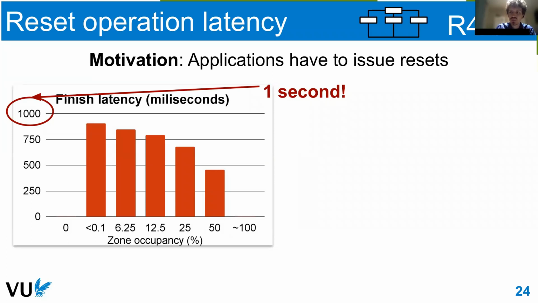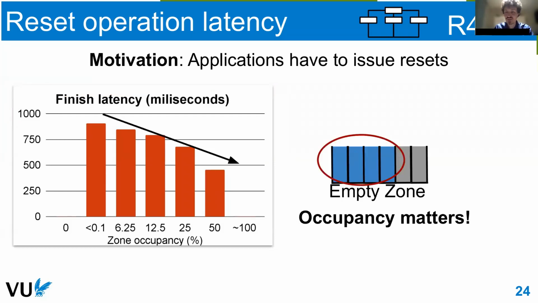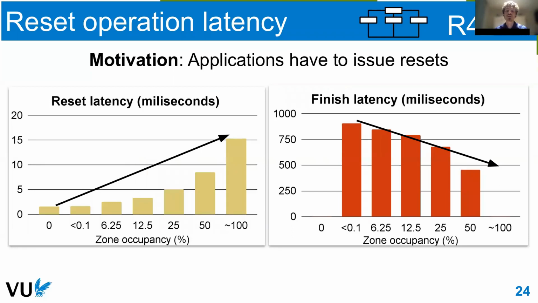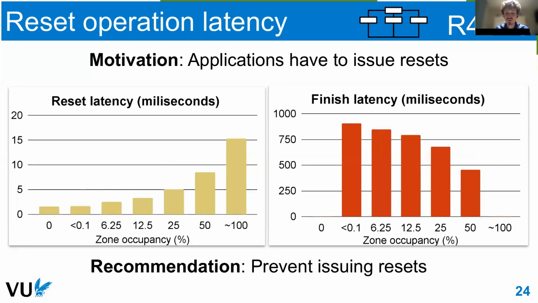What we're seeing is the write bandwidth to write 2 gigabytes, which takes almost a second. Really interesting. And hence its performance also depends on occupancy. But the inverse of resets: the more is in the zone, the cheaper the finish becomes. What we see from both operations is that both are really expensive, on the order of milliseconds, and they depend on occupancy. In other words, we should avoid these operations.